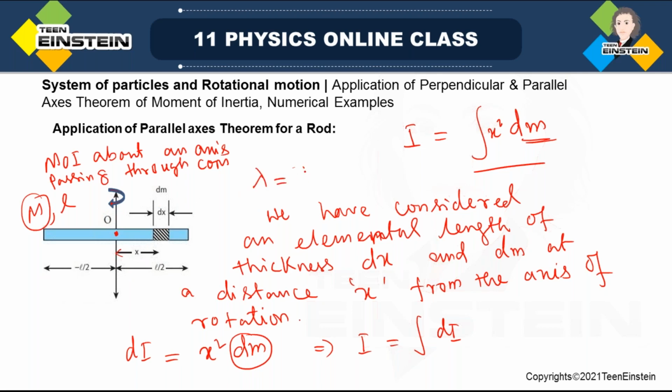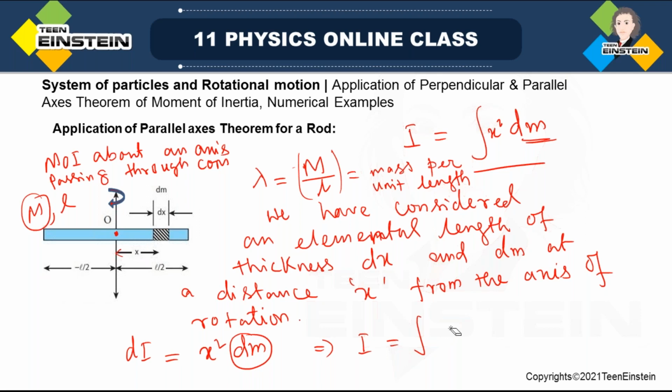If I say this is lambda, which is mass per unit length, so this is small l, obviously. So if I know mass per unit length, what will be the mass dm here?